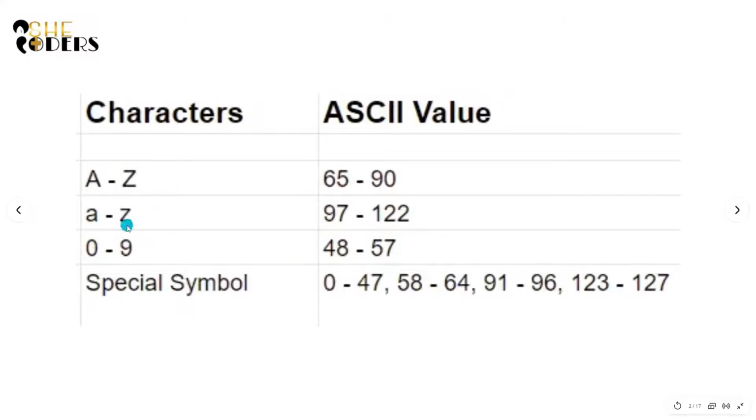As you can see, for uppercase A to Z the ASCII value is 65 to 90, for lowercase a to z it is 97 to 122, and for 0 to 9 it is 48 to 57, and there are other special symbols like space and other special characters. These are a few ranges in which you can give the integer value to the character and see the respective outputs.